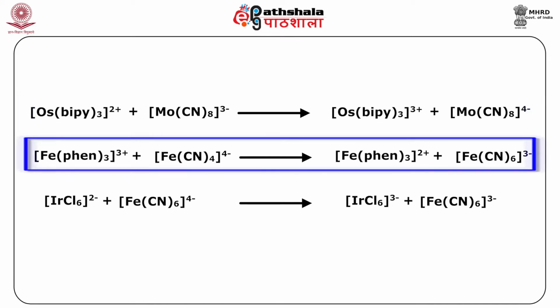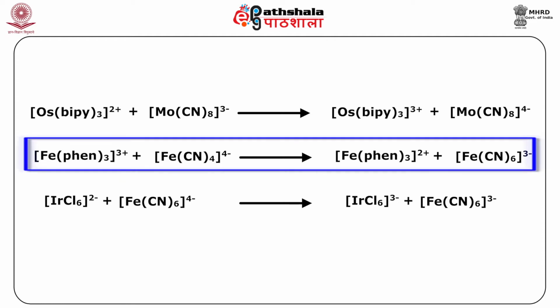Another example is the iron tris phenanthroline 3+ (d5) system plus iron hexacyanide 4-, where iron is in the +2 oxidation state. They react together and form the stable species Fe tris phenanthroline 2+, d6 configuration, and the unstable species FeCN6 3-, meaning iron is in the +3 oxidation state.